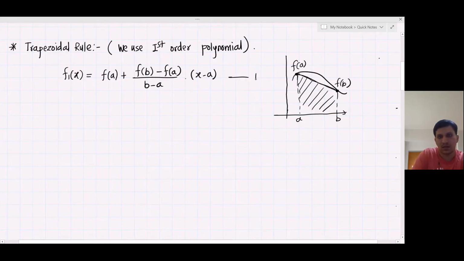This is the equation of the straight line passing through these 2 points.